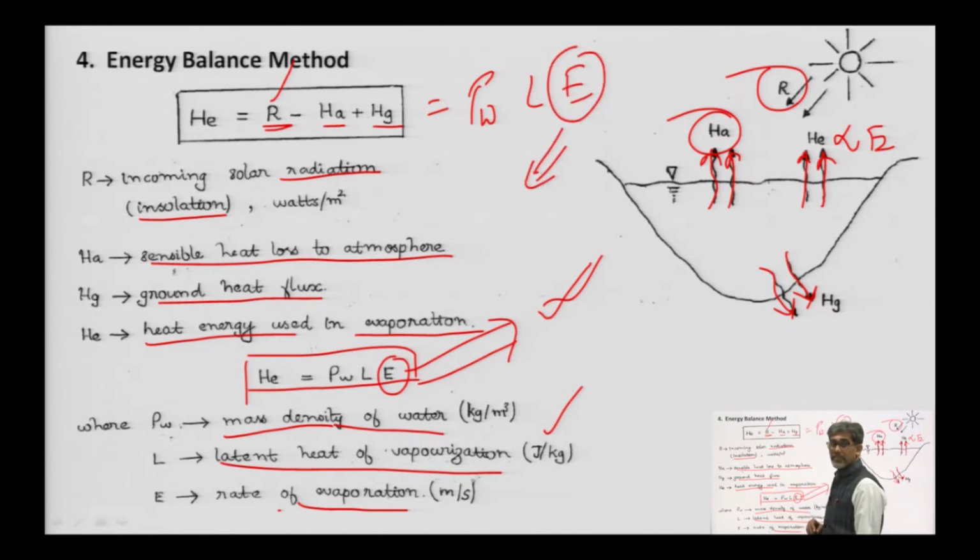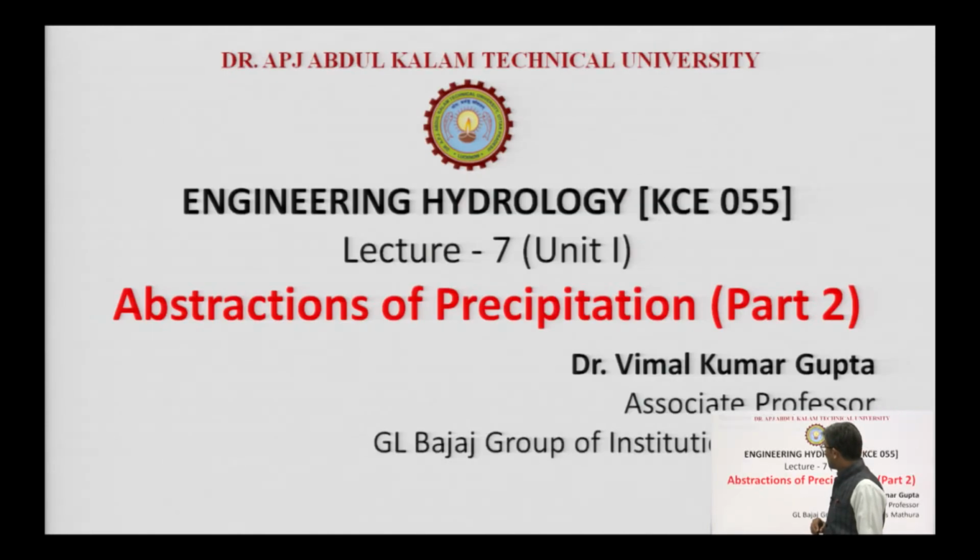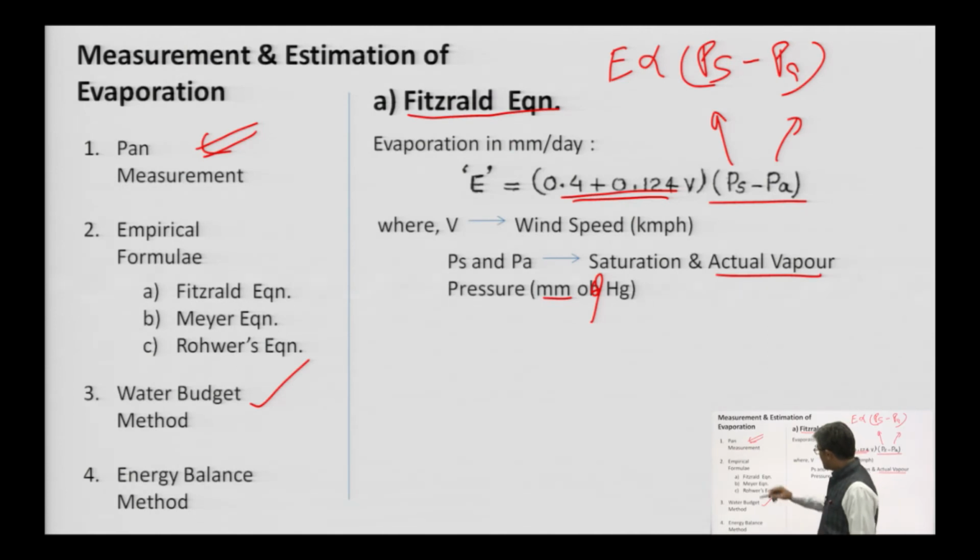The energy used in evaporation is directly proportional to E. So these are the different methods: pan, empirical, water budget method, and energy balance method. Using these we can calculate the evaporation.